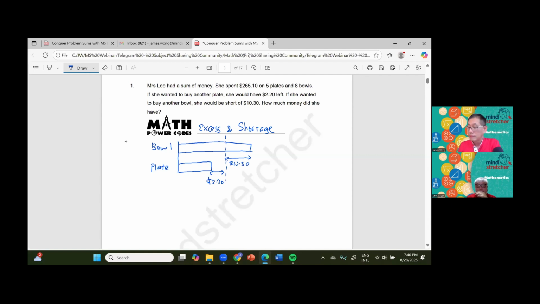Now, once I have this relationship between the plate and the bowl, it becomes very helpful for me to solve this question. From here, it's quite clearly illustrated that the bowl will cost a certain amount more than the plate. So I can know that $10.30 plus the $2.20 will be the difference between one bowl and one plate.